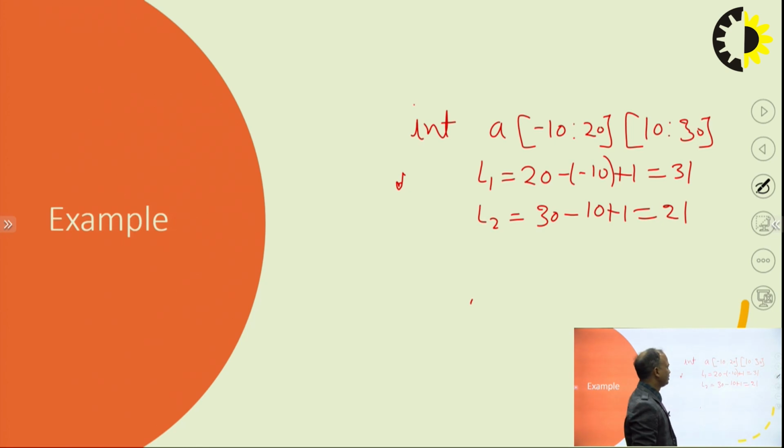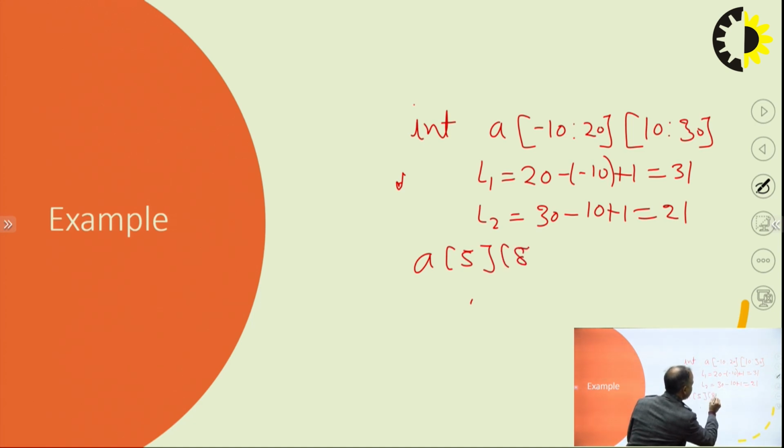For example, you want to find out the address of A5, 8. What is the address of A5 and 8? So E1 and E2 depend upon the location for which you are going to find out the address.